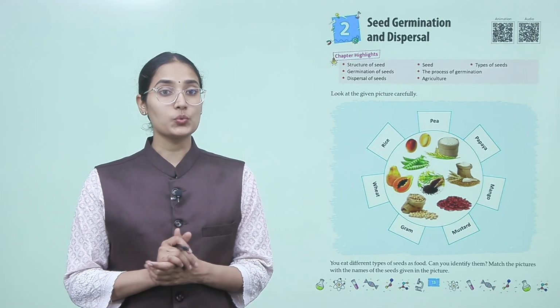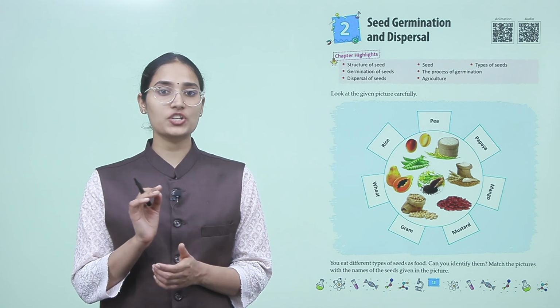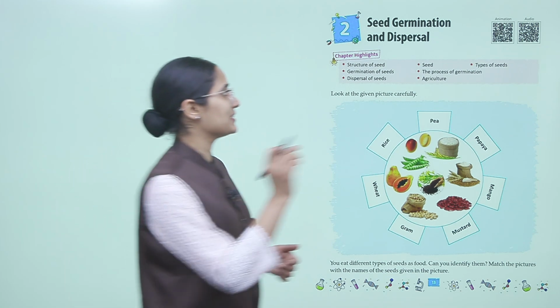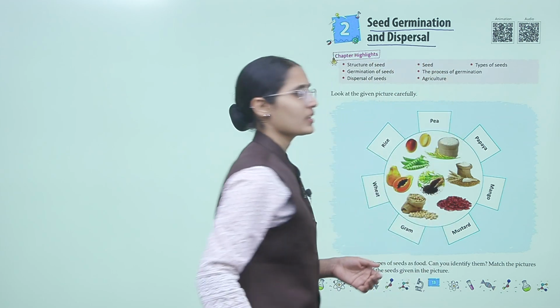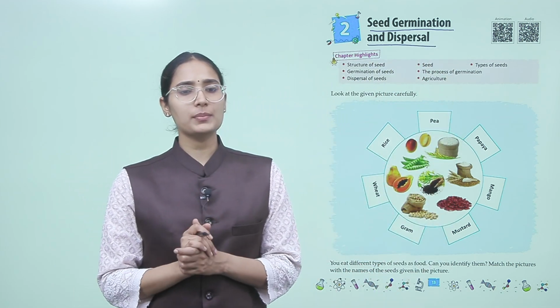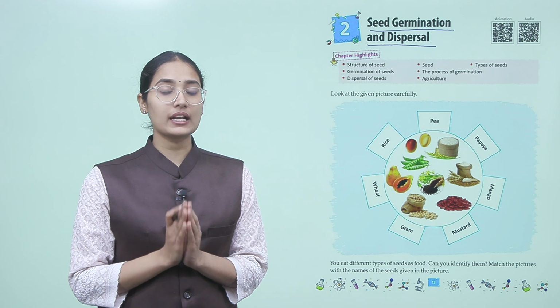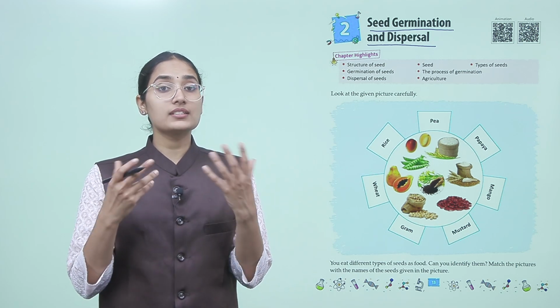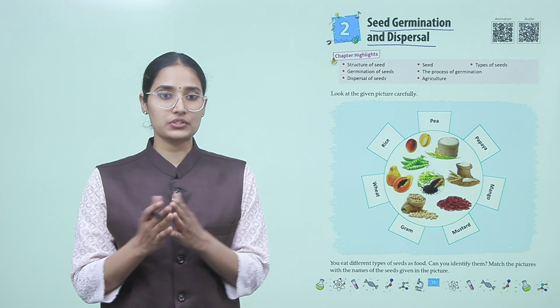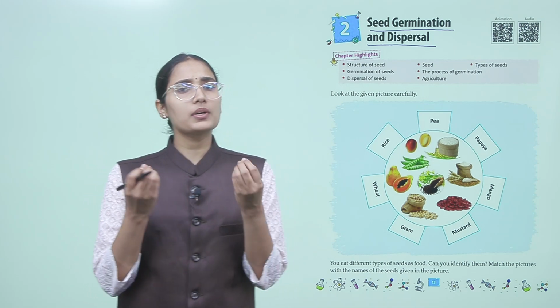So today we will learn about seed germination and dispersal. In this chapter we'll first understand about seed: what is a seed, and what it consists of, basically the structure of a seed. Then what is the purpose of a seed?